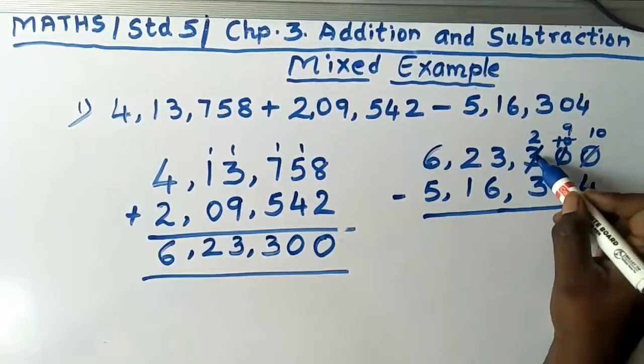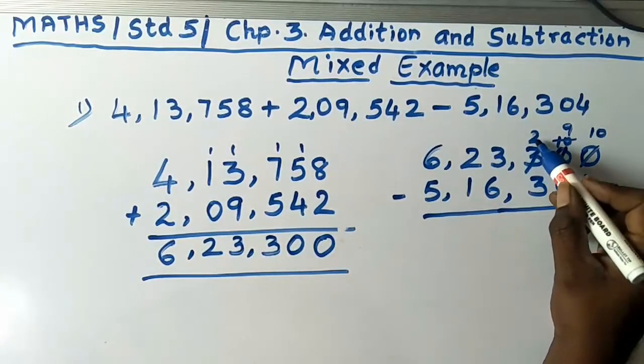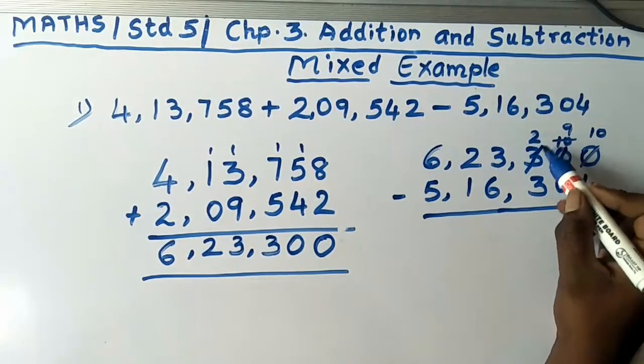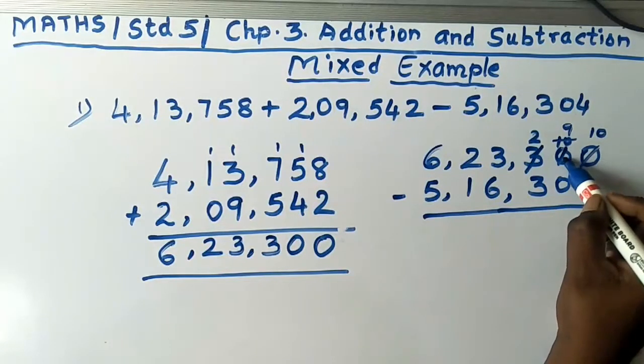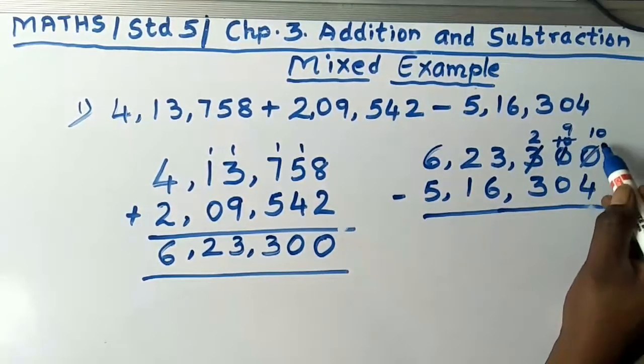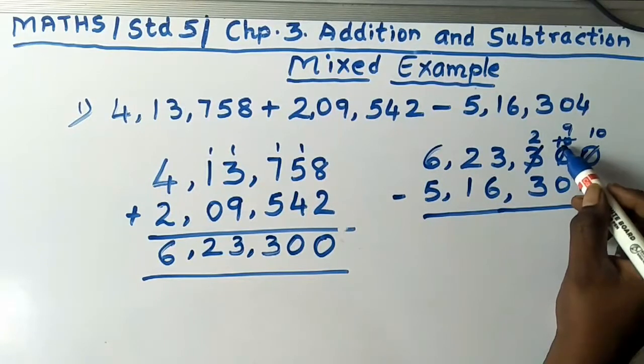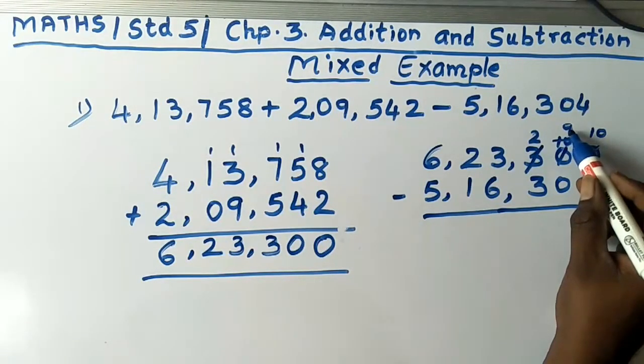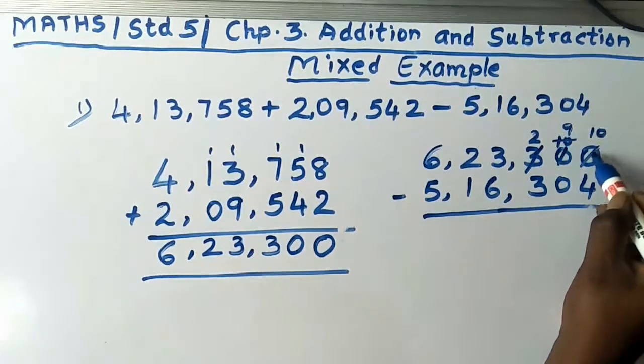Once again from 3 I removed 1, it becomes 2. So 1 I borrowed here, already 0 is there, it becomes 10. Then from this 10 I borrowed and passed on to the next. That means this borrowed from here, so this becomes 9. 10 minus 1 is 9 and that 1 goes here, this becomes 10.